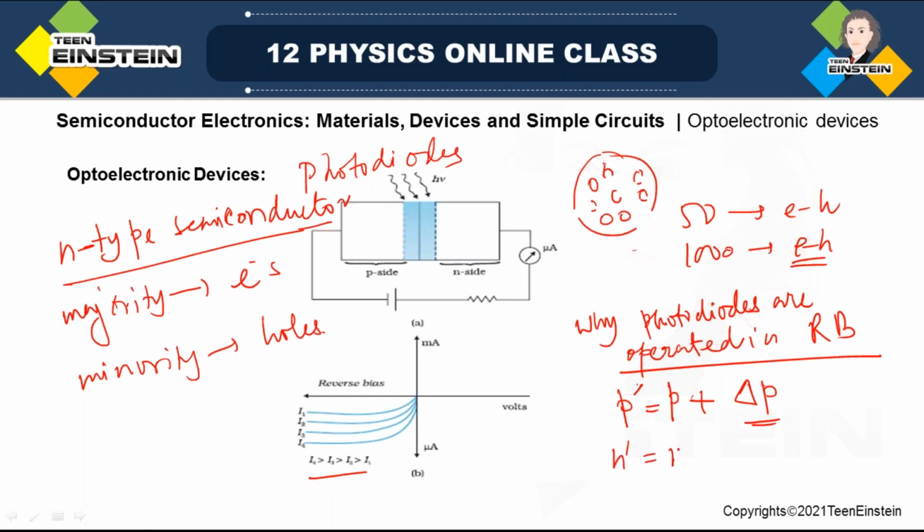Because of that, there will be a change in the total number of charge carriers. So this is delta n, the change in the electrons, and this is delta p, the change in the holes. Okay, this is how I denote it.